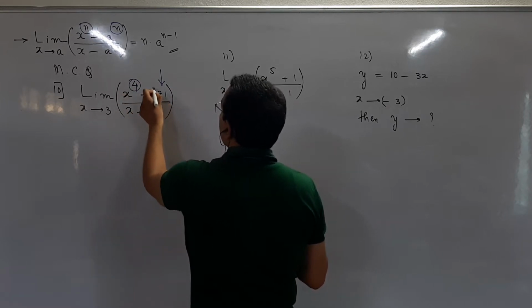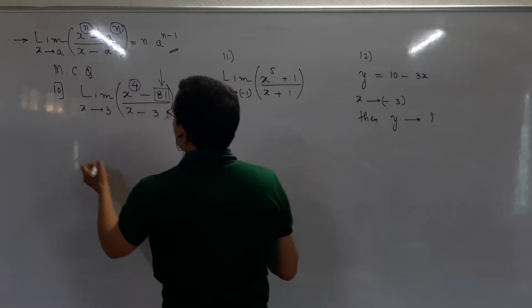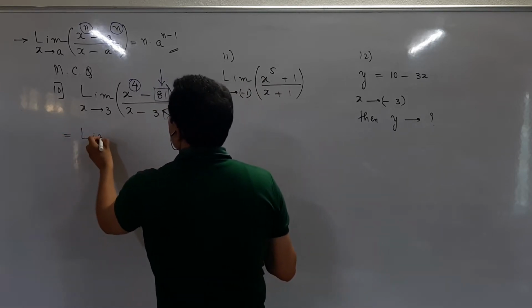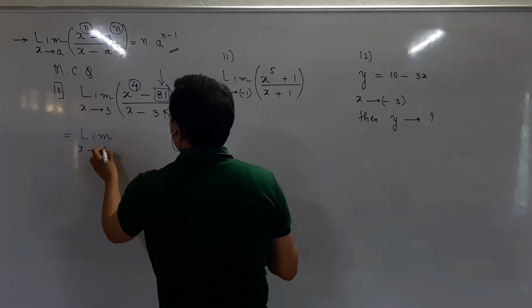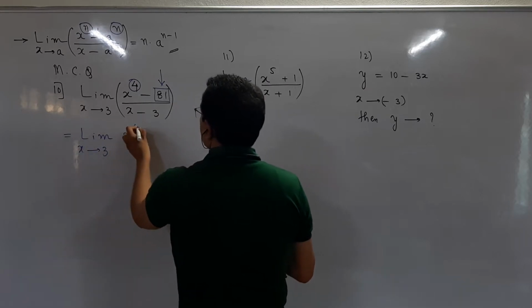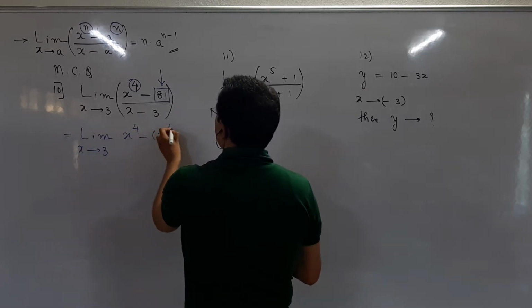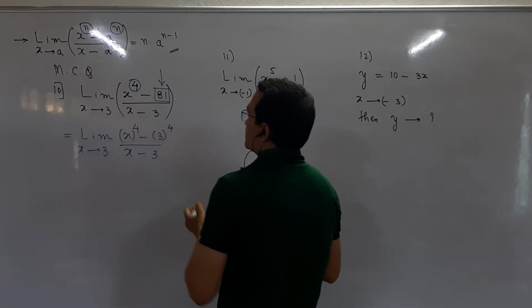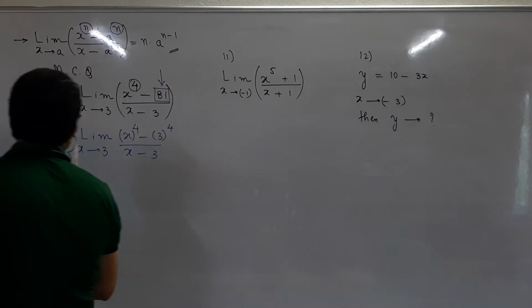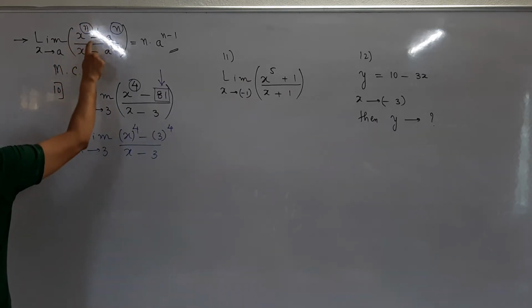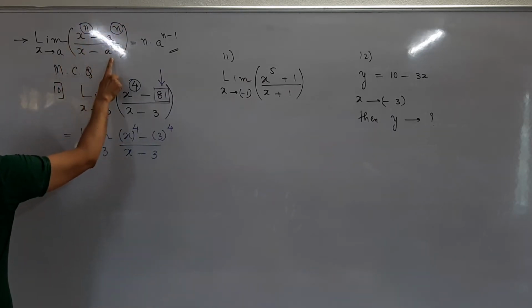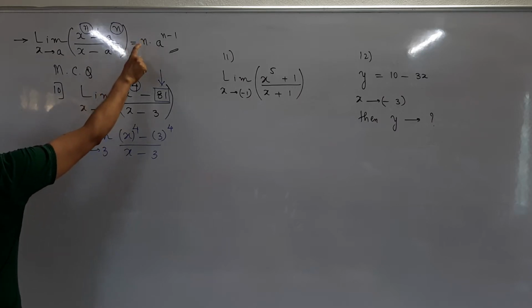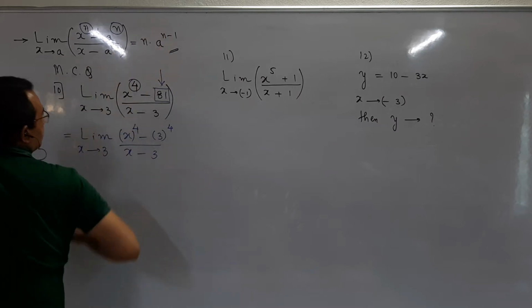All of you know 81 is written as 3 to the power 4. So this changes to limit x tends to 3, x raised to 4 minus 3 raised to 4 upon x minus 3. Now compare with this formula. The answer is n a raised to n minus 1.